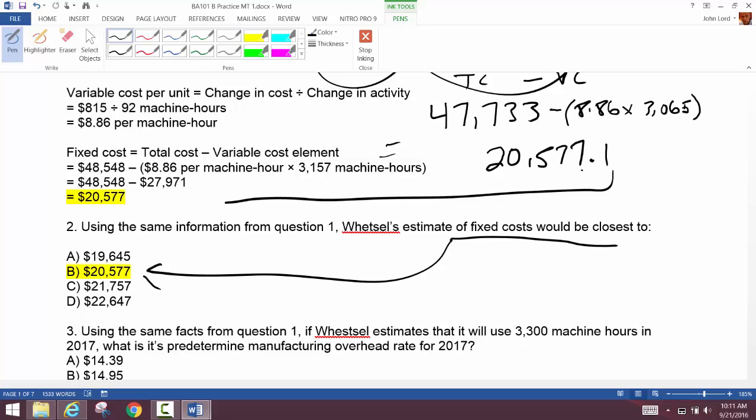Now remember, guys, just to think about it theoretically, all we're doing is picking the high and the low levels of activity here and charting 2 points on this cost function, right? This overhead cost function.